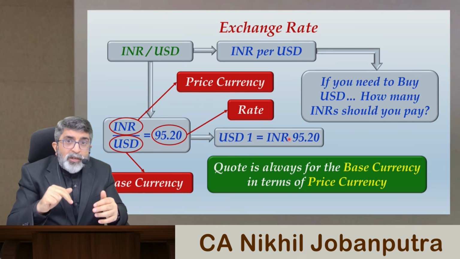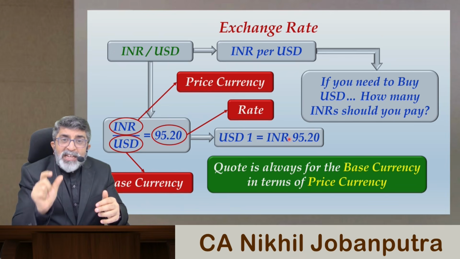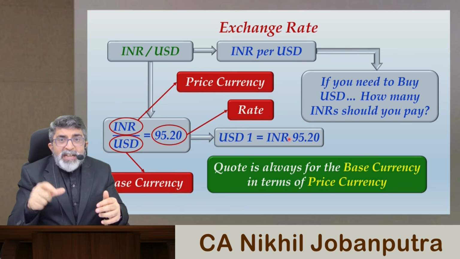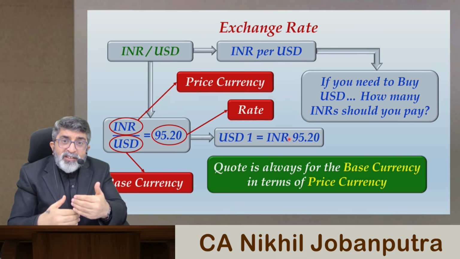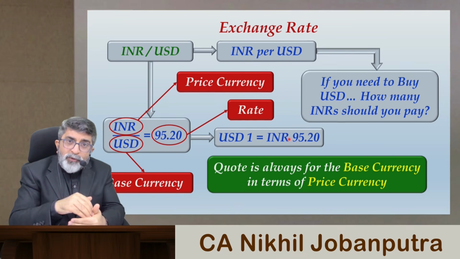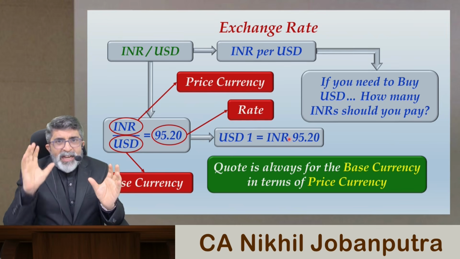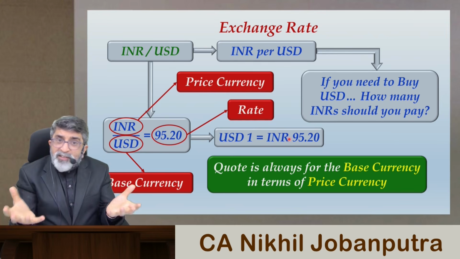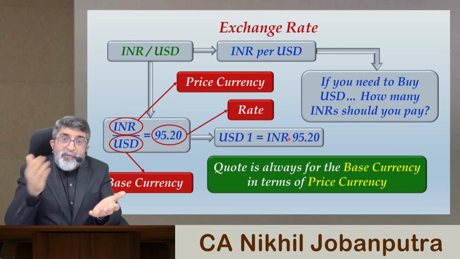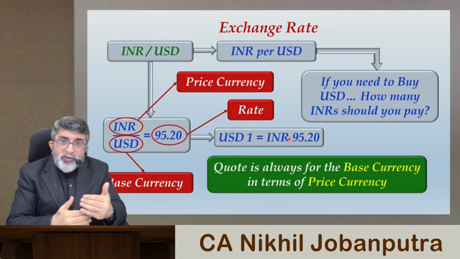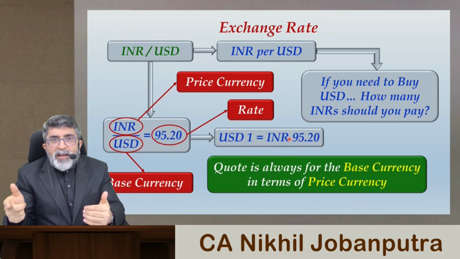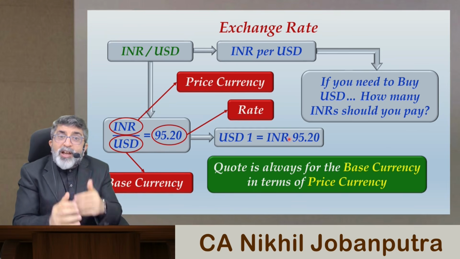When I am buying a dollar, its price is rupees 95.20. So 95.20 is the price of 1 unit of dollar. Understand one thing very clearly. US dollar, Indian rupee, both are currencies, both are money. But when 1 unit of US dollar is quoted in terms of INR, it behaves like a commodity.